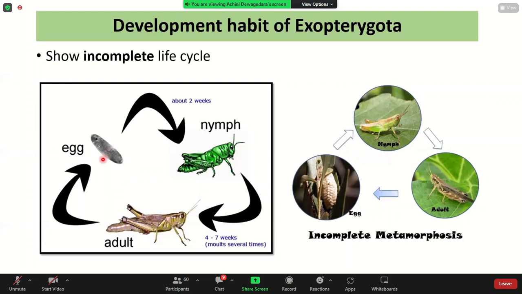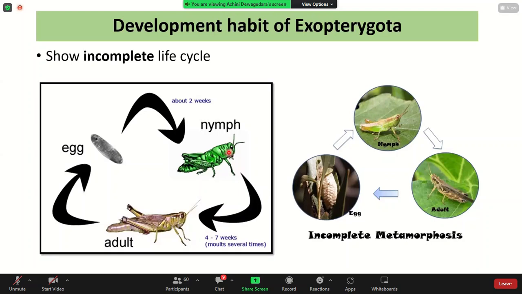So this is an example given here. From the egg, after about 2 weeks, the nymph will come out. And from nymph to adult, there are about 4 to 7 weeks, about 2 months. Now we have discussed the exoskeleton, which is made of chitin, isn't it?